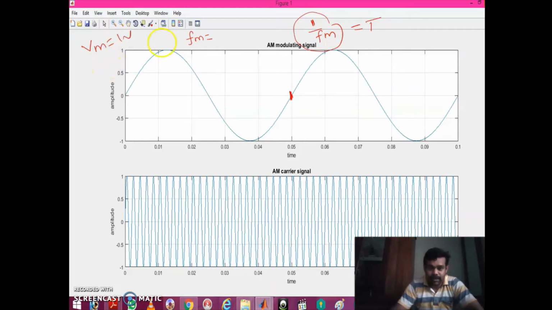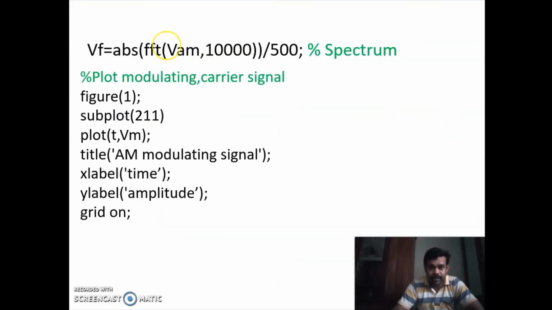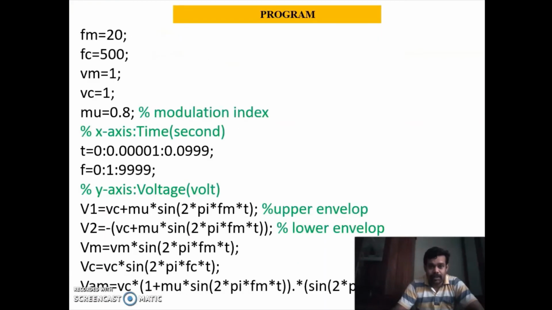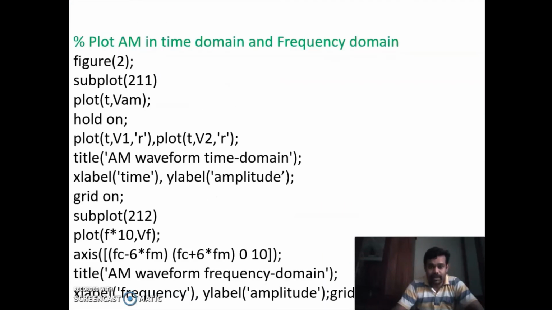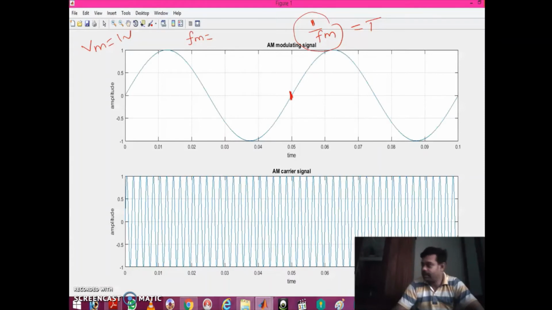Okay. So FM is equal to 20. So 1 divided by 20 is your time period. That is 0.05. 1 divided by 20 is 0.05 is a time period.